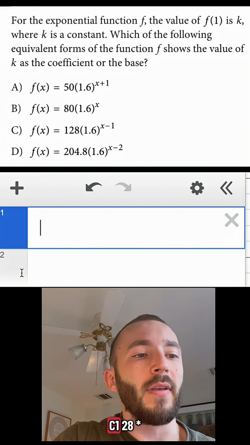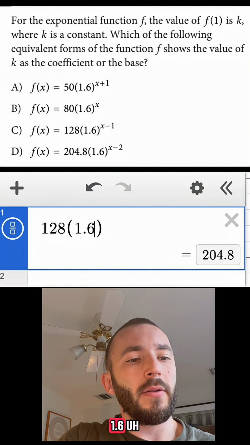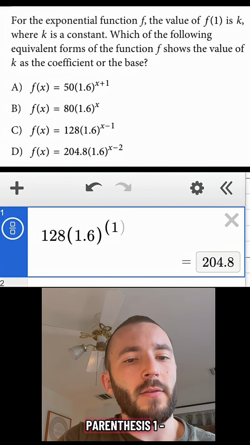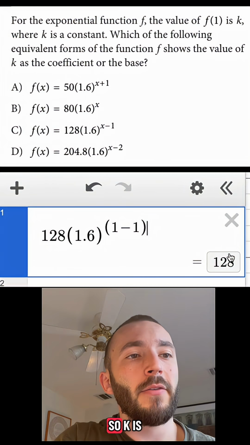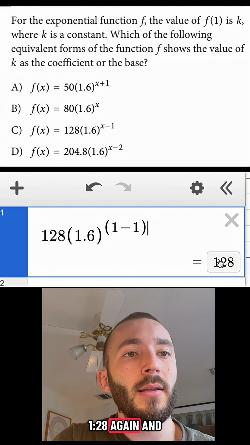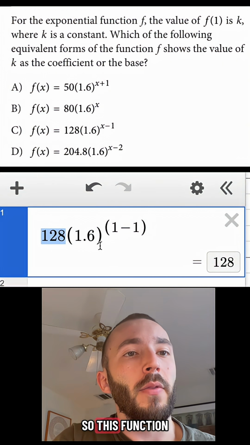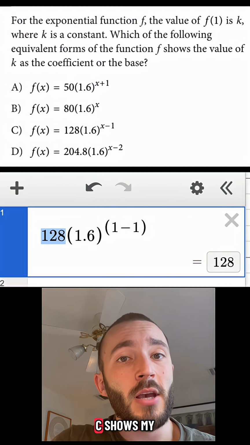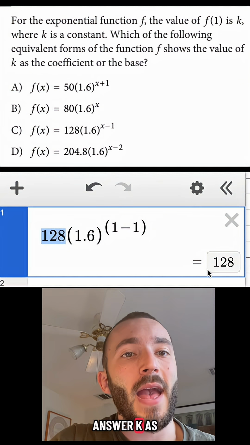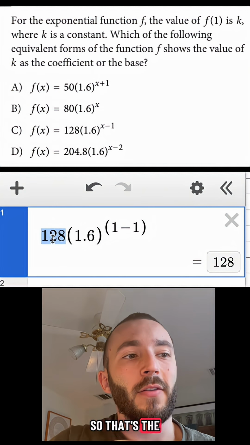That is choice C. 128 times 1.6 to the power of (1 minus 1), and that gives me 128 again. So k is 128 again, and here I actually see 128. That's my coefficient. So this function, choice C, shows my answer k as the coefficient. So that's the correct answer.